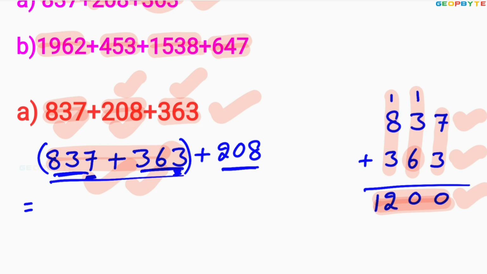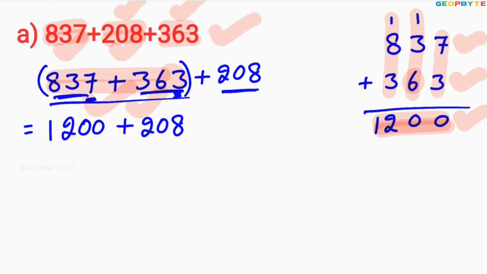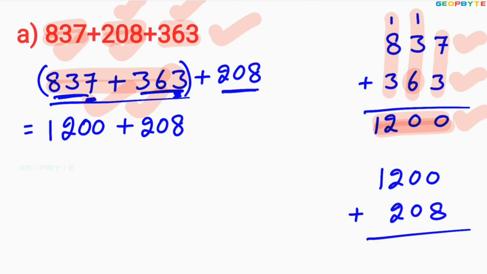Now this value is equal to how much? 1200 plus 208. Let us add: 0 plus 8, how much? 8 only. 0 plus 0, 0 only. 2 plus 2, 4, and 1.